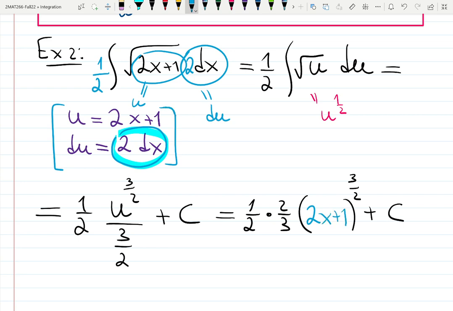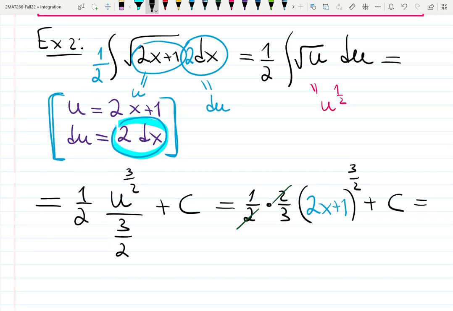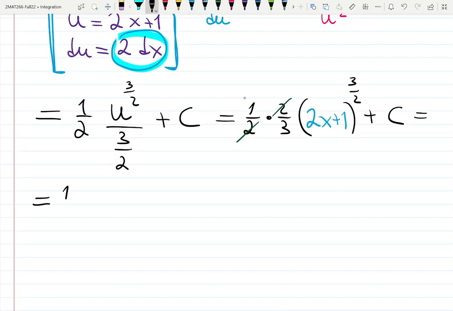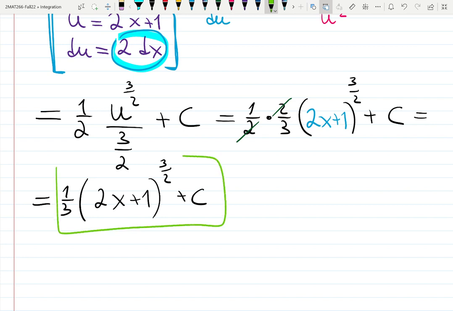That's why this table is a very nice visual box, because then you can easily find what was u. This is the answer. Or you simplify. Cancel out 2. And you will get 1/3 times 2x plus 1 to the 3 halves plus c. Put this in the box. Type it carefully in your web work.